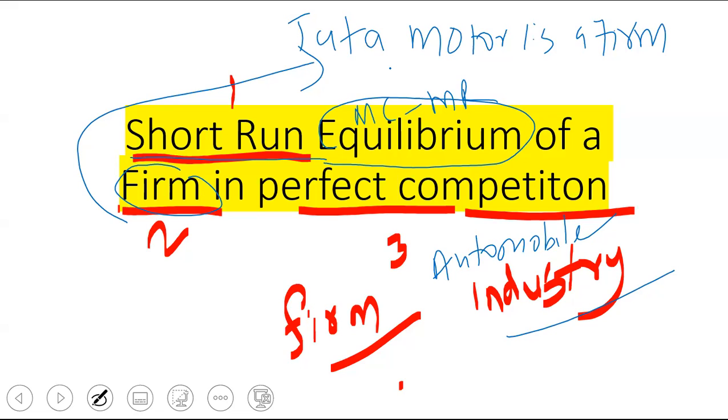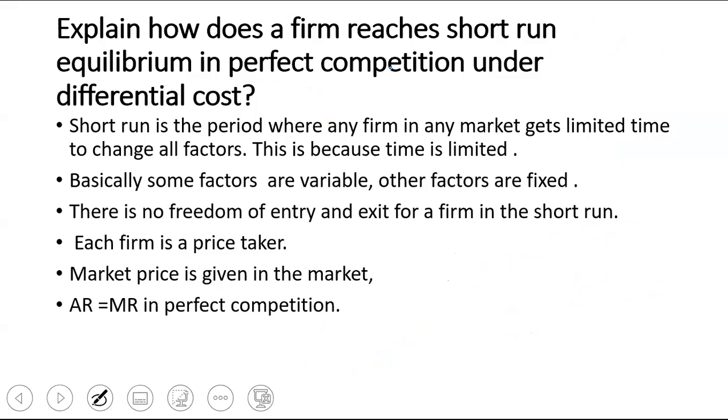So you have to read the question very thoroughly. Okay. Now, see the question. How does the firm reach equilibrium, short-run equilibrium, in perfect competition under differential cost? I added one word, under differential cost. We will explain what differential cost is. Same question, I added only one word.